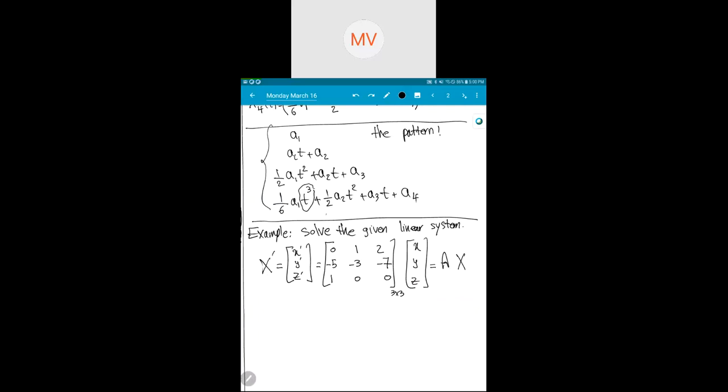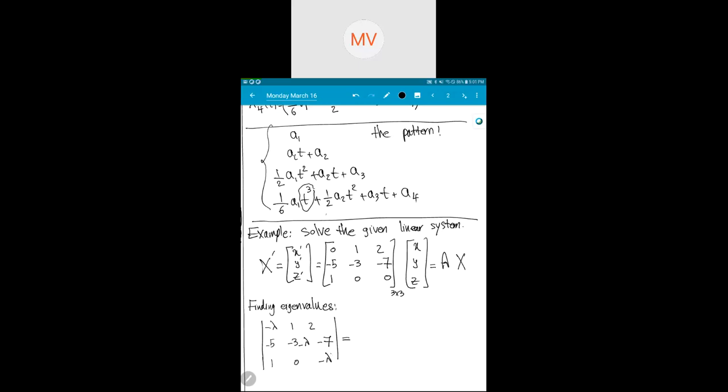Well, first thing we need to find eigenvalues, right? Finding eigenvalues. For the matrix, we subtract lambda from the main diagonal: 1, 2, -5, negative lambda, 1, 0, and then minus lambda.